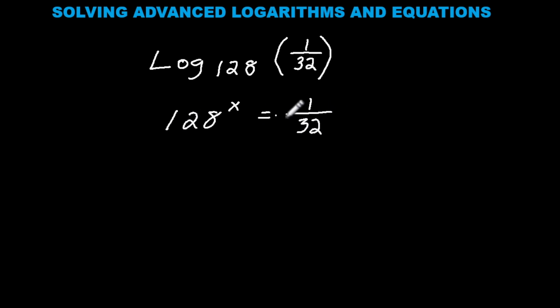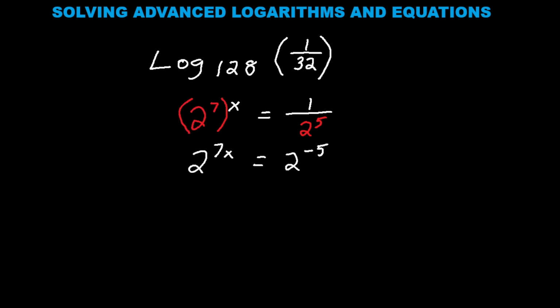Now the 128 and the 32, 32 is a little easier because I know that 2 to the 5th power is 32. And it turns out that 128 is actually 2 to the 7th power. Simplifying on the next line gives us 2 to the 7x power.